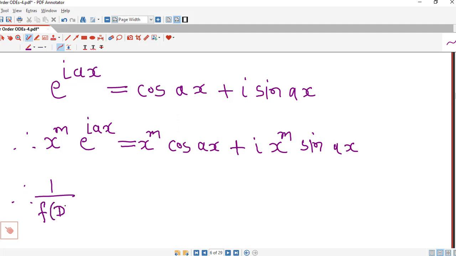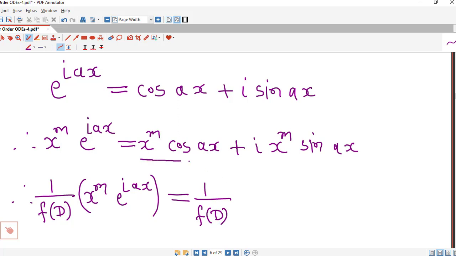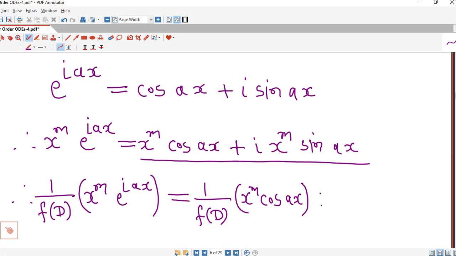Therefore 1 over f of D x raised to m e raised to i ax is equal to 1 over f of D x raised to m cos ax plus i times 1 over f of D x raised to m sin ax.